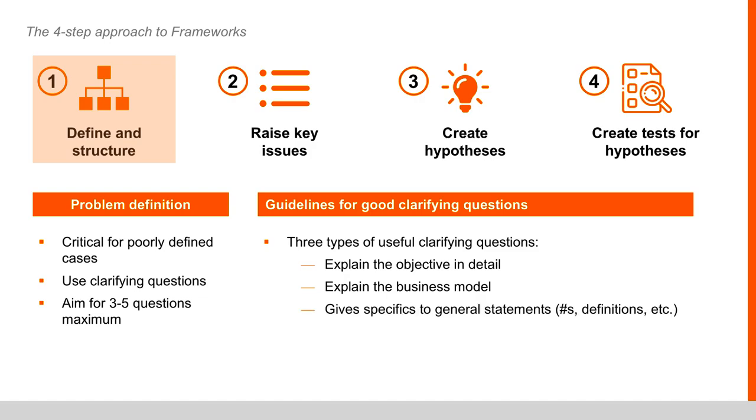Number 3, questions that ask for specifics of generic statements. And this includes asking for critical numbers when your interviewer gave them, and asking about definitions of words that you might not know. So if your interviewer said that you need to figure out how to grow a client's sales, you want to ask by how much and in which time frame, and if it's in dollar amount or percentage, things like that.